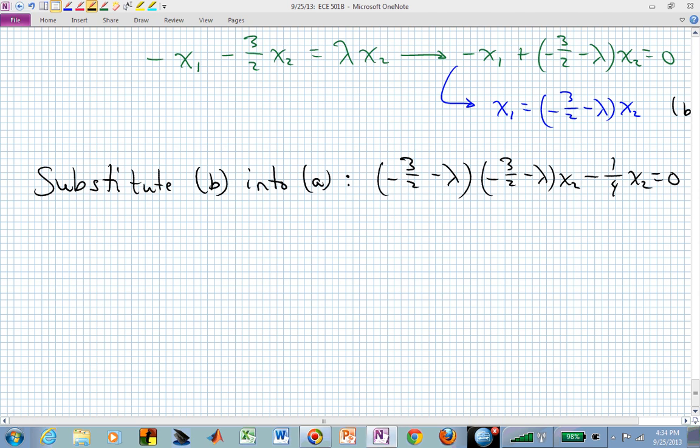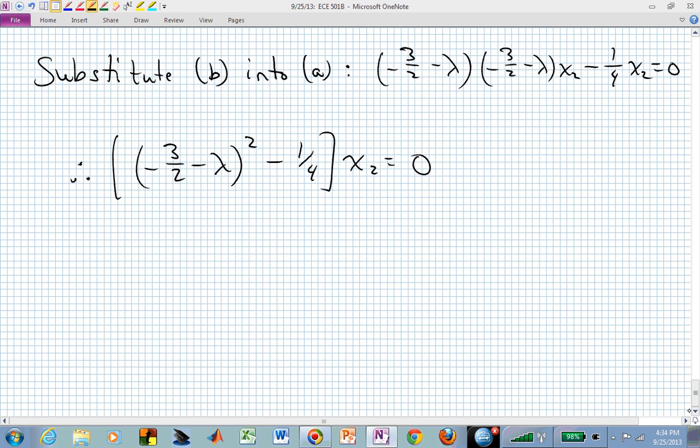Or if I factor all of those coefficients together, I now have a minus 3/2 minus lambda squared minus 1/4, all times x sub 2 is equal to 0. And I'm trying to find a real value or real values for lambda that allow this equation to be true or valid.